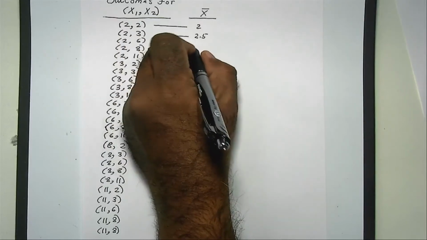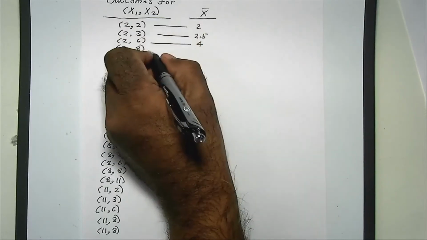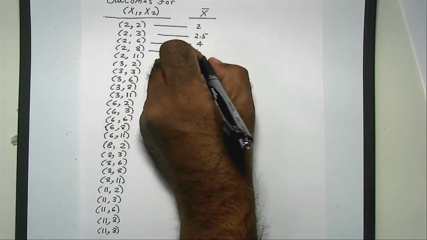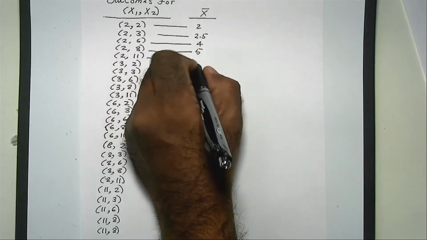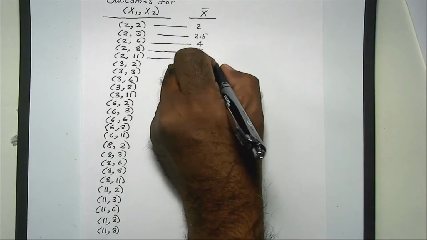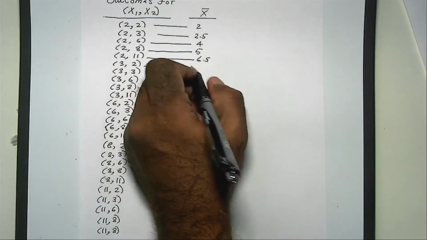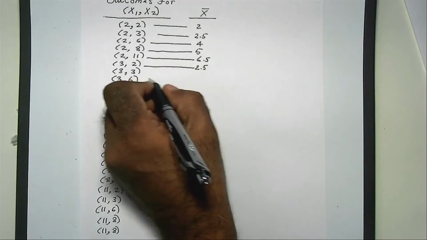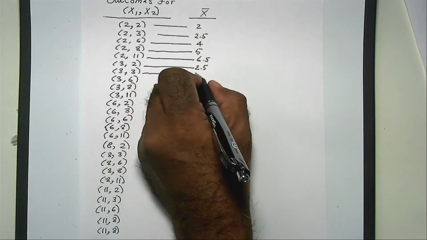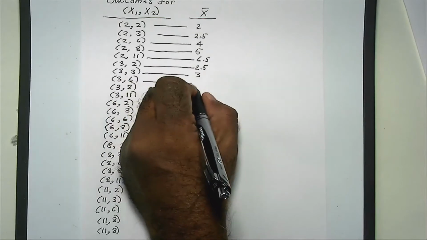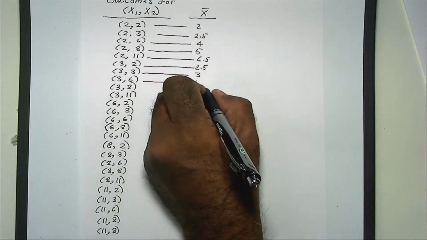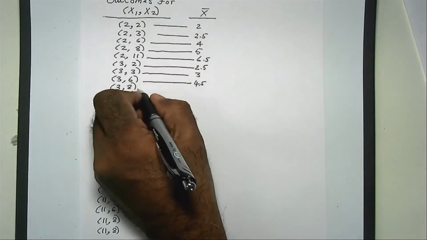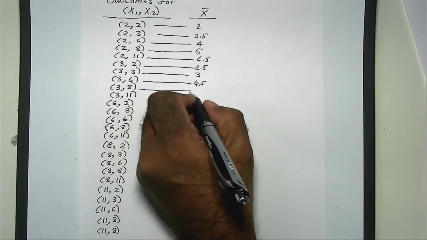For 2, 6 is 4. 2, 8 is 5. 2, 11 is 6.5. 3, 2 is 2.5. 3, 3 is 3. 3, 6 is 4.5. 3, 8 is 5.5.